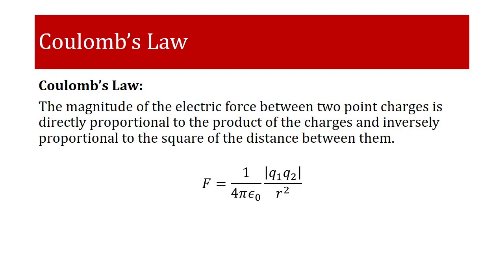And epsilon naught or epsilon 0 is called the electric constant. And the value of epsilon naught is 8.854 times 10 to the minus 12 coulomb squared per newton meter squared.